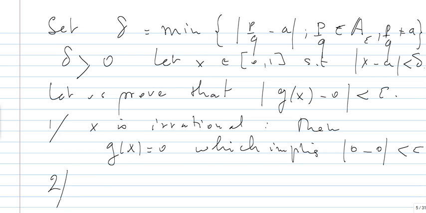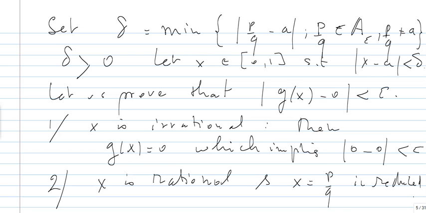Case 2: x is rational, and x is equal to p over q in reduced form. In other words, p and q are coprime.